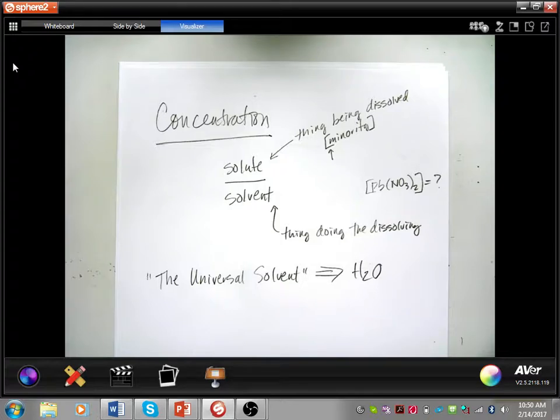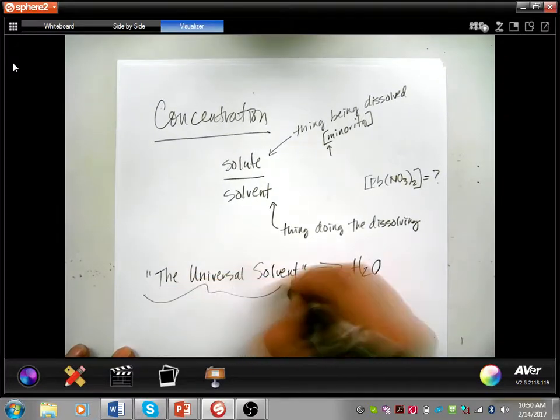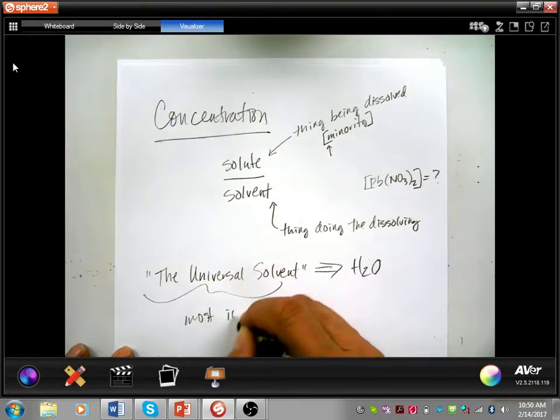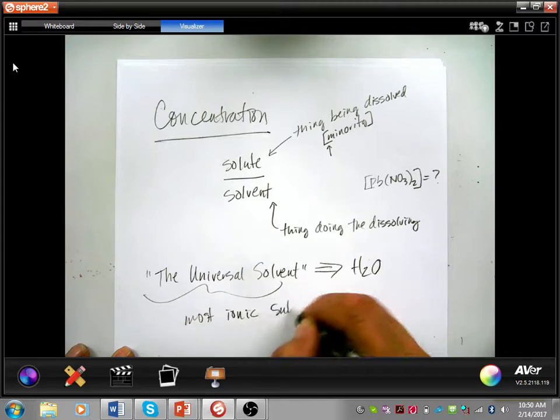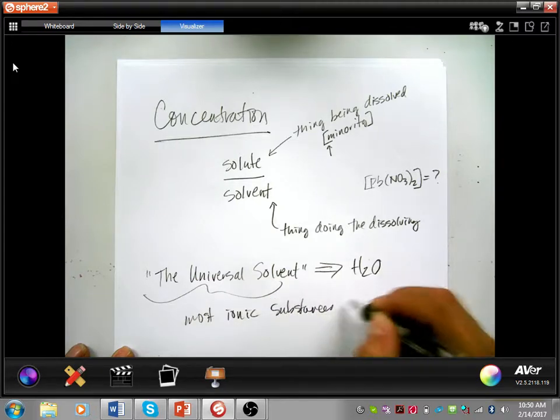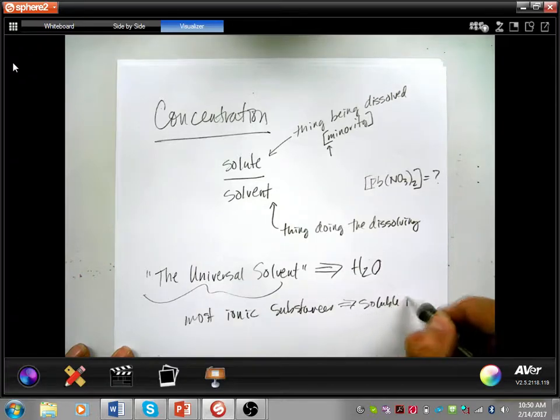What might a universal solvent be capable of? Just about everything. They call it a universal solvent because most of the substances you might put into it are ionic. Most, not all, but most ionic substances will dissolve or are soluble in water.